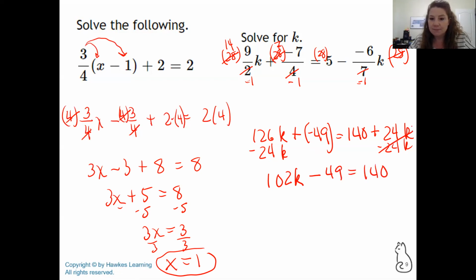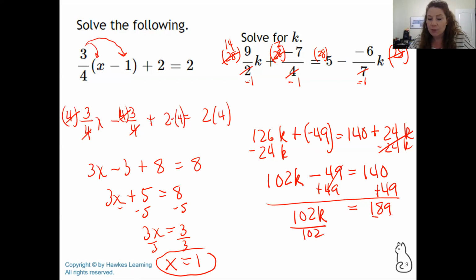So the opposite of minus 49 is plus 49. So now I have 102k equals 140 plus 49 is 189. And then I'm going to divide both sides by 102. And k is equal to, my calculator will simplify that for me, 63 over 34.